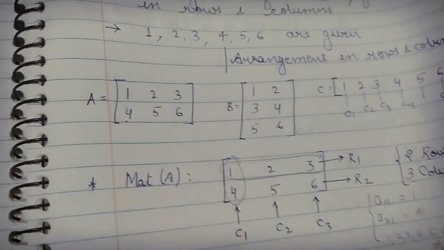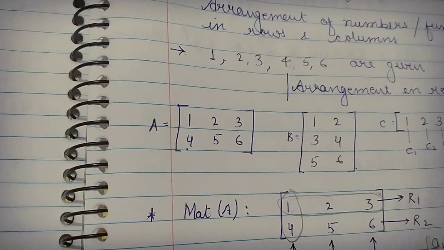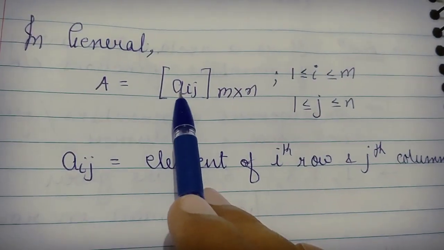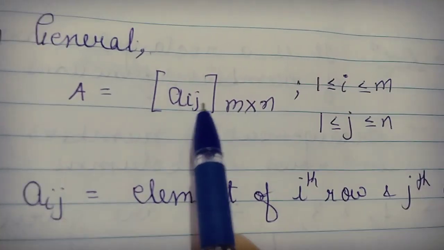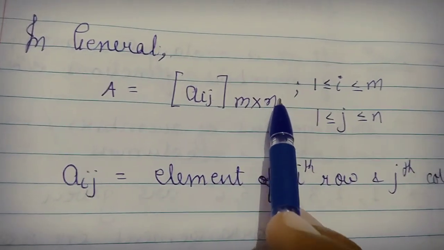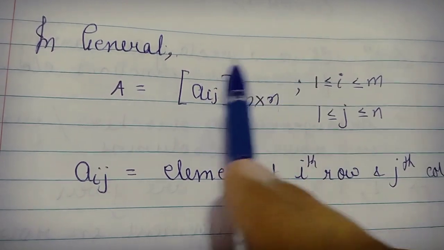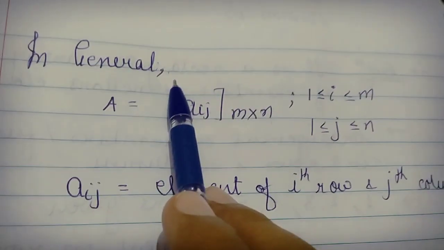So in general we can represent a matrix in the form of Aij and the order of this matrix is m cross n. This is the general representation of any matrix.